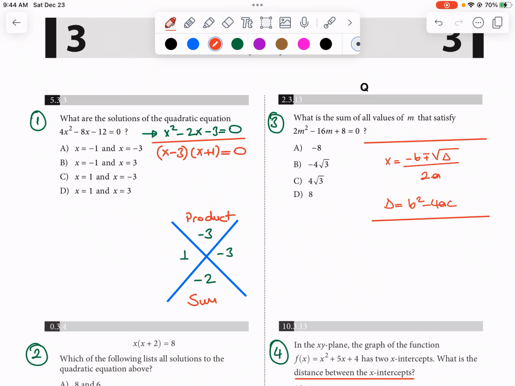We can use the zero product property and say that if the product of two factors is equal to 0, then at least one of the factors is going to be equal to 0. Then if x minus 3 is equal to 0, x is going to be equal to 3. If x plus 1 is equal to 0, x is going to be negative 1. So we have two solutions. One is negative 1 and the other one is 3, which is B.